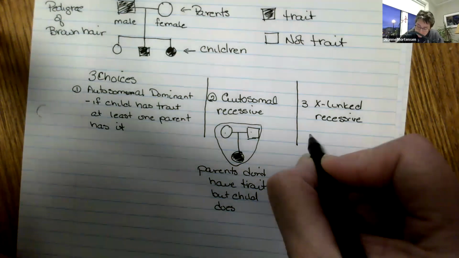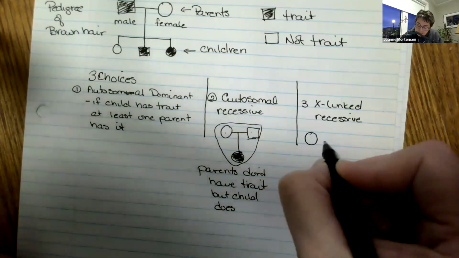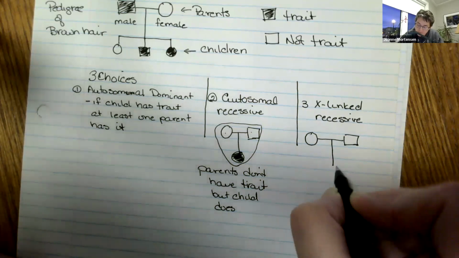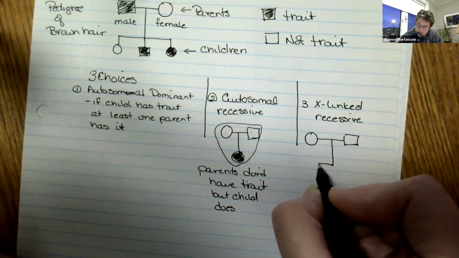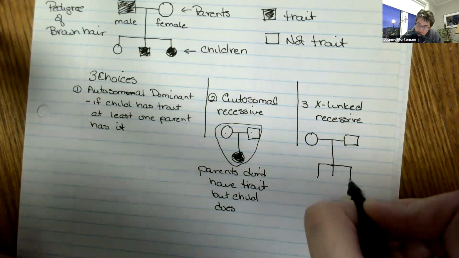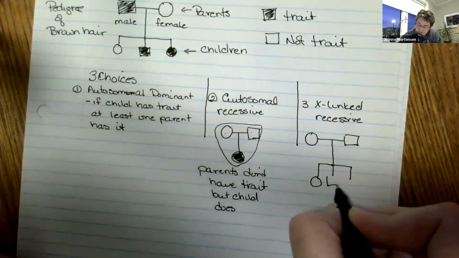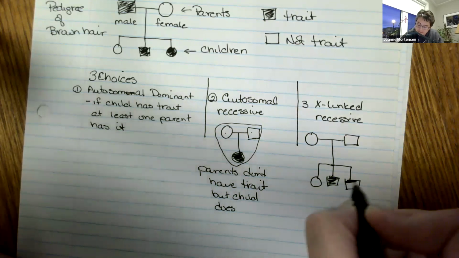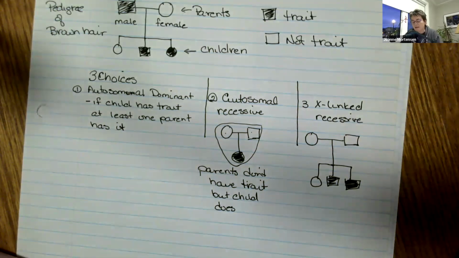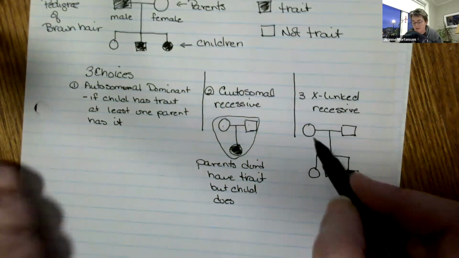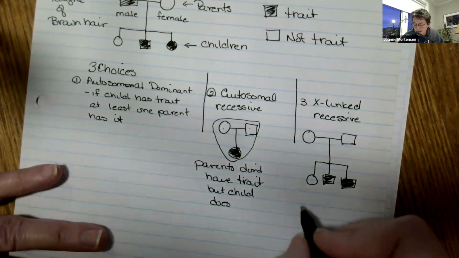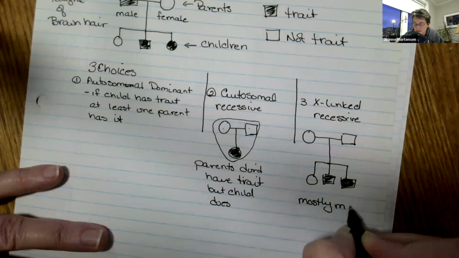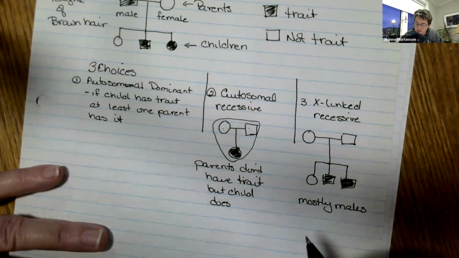Being honest with you. Mom and dad don't have it, but if you remember from before, let's give these guys a bunch of kids. Daughter, son, son. So the pattern is the same as before. So parents don't have it, kids do, but mostly males have the trait.